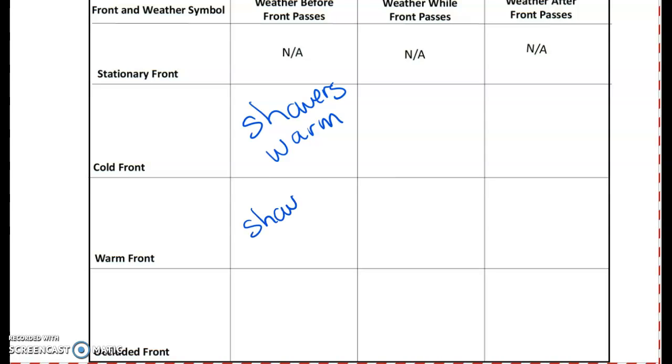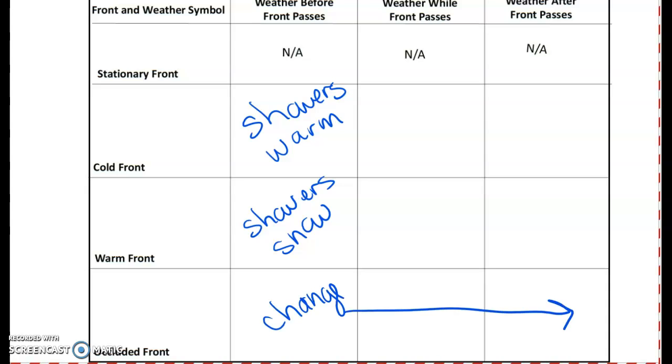In a warm front, we're going to have showers, and there might be some snow on the other side because it's cold. An occluded front is going to change, and that's going to be true for all of them because it's kind of a mix where they meet together. While the weather front passes, it's going to get suddenly cold, and you might have a thunderstorm.